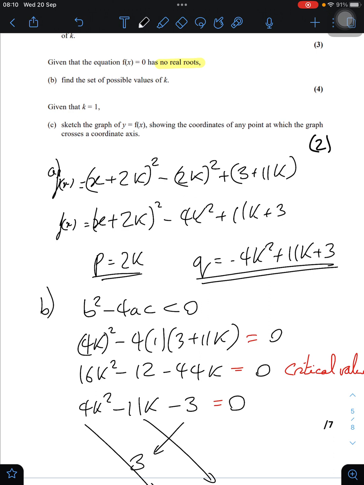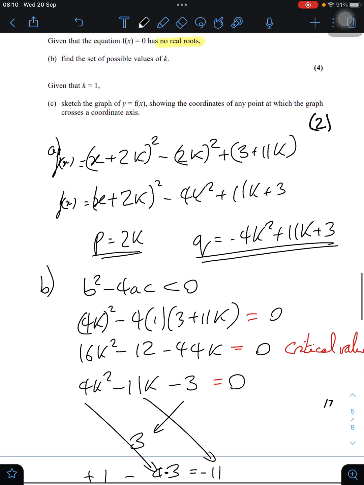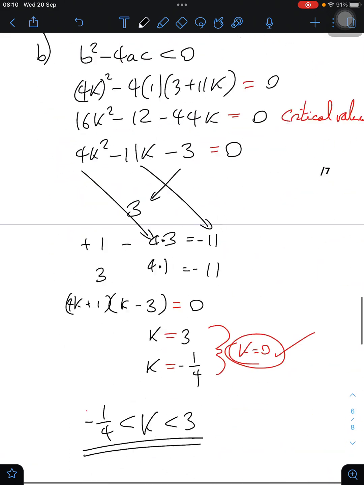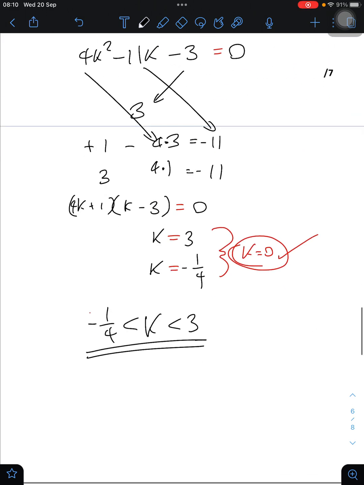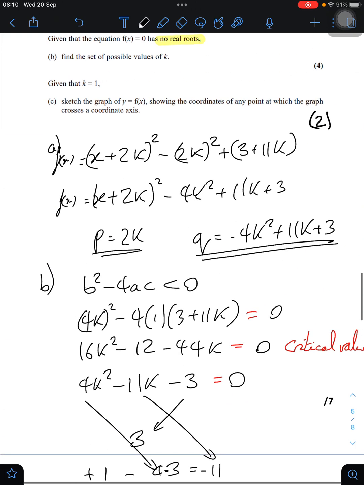Part B completed. Part C, given that k is 1. Okay, k is 1, that makes sense, it's within our region. In fact, we didn't even need to do this in this case, because we know that k is 1 is right, because it's within our region, because they're telling us it in the question.